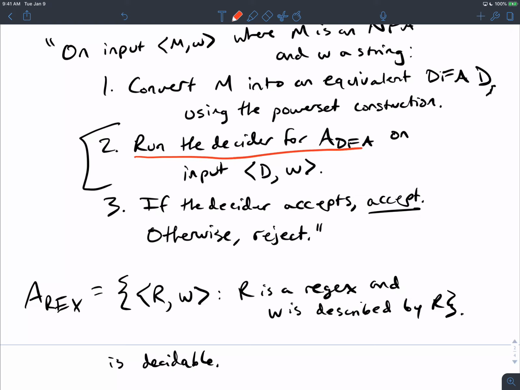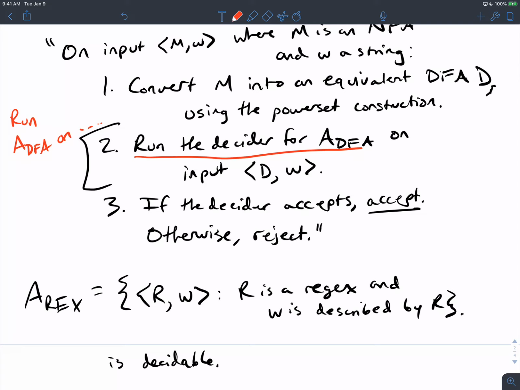What usually students write is run a DFA on something. Why is that not correct phrasing? What's inherently flawed about stating it that way, instead of saying run the decider for?